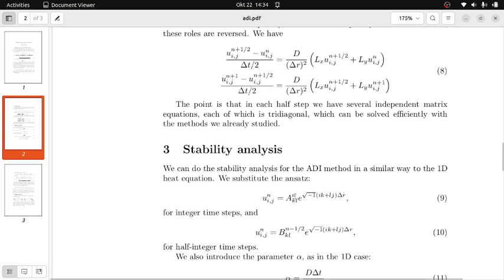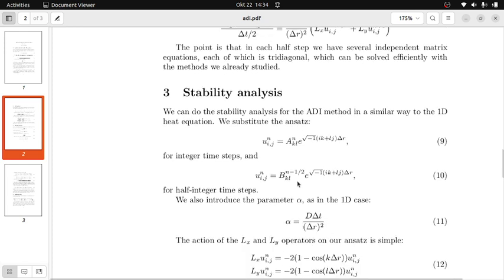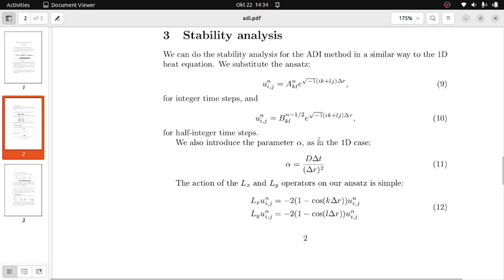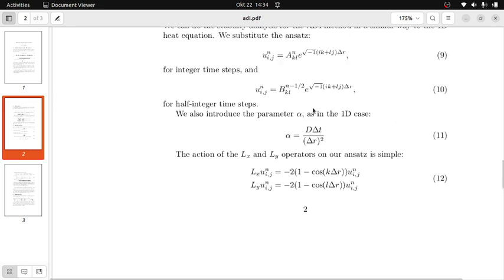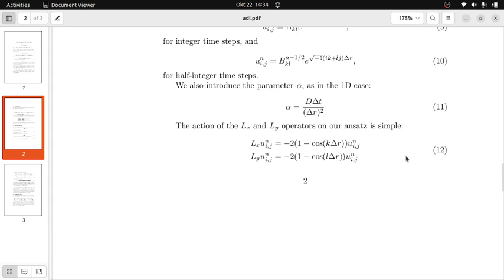And this is the reason that we have these two different exponents. Well, as in the 1D case, we introduce this alpha operator, and then when we apply the operators, we'll see that 2 times 1 minus cosine term that we have met several times already.